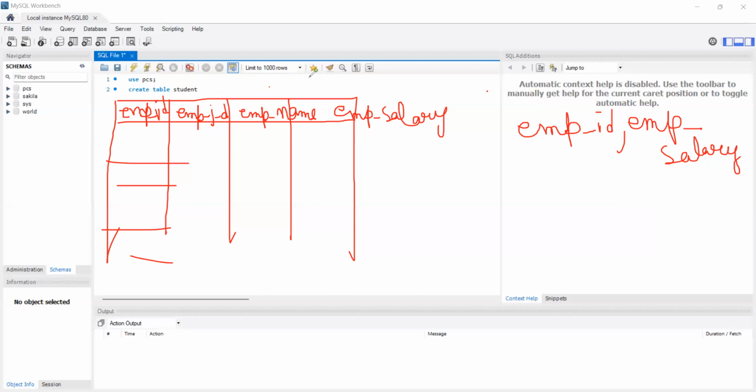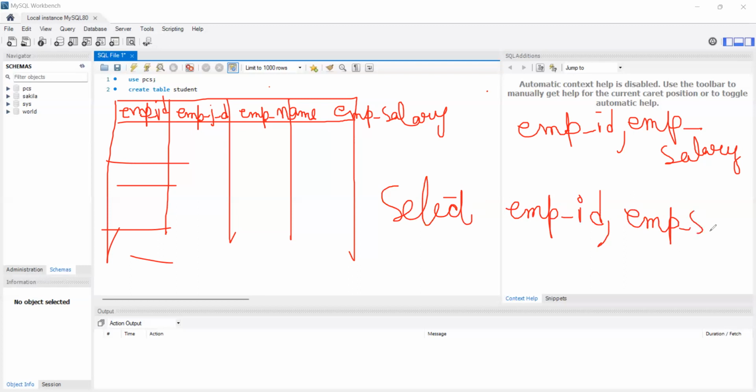Here I am not mentioning anything about the table name. Whenever this type of question is there, just mentioning the table format, not the table name, just put select emp_id, comma, emp_salary from table name, because you don't know what the table name is.